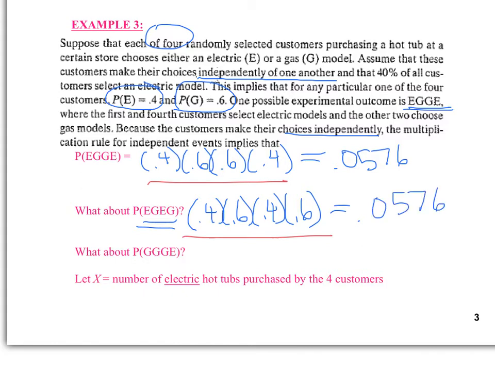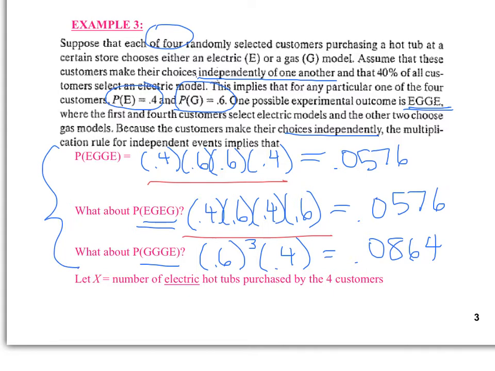Another possible outcome would be GGGE. Well, to find that probability, we would do 0.6 times 0.6 times 0.6, or 0.6 cubed, times 0.4. So this is just your basic straight up probability from the previous chapter, and this would equal 0.0864. So this part is nothing new.